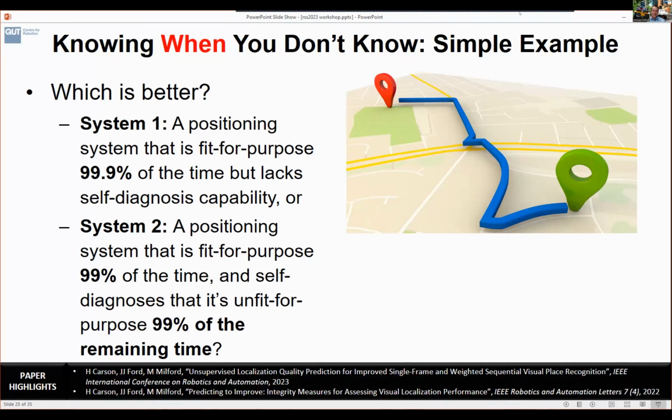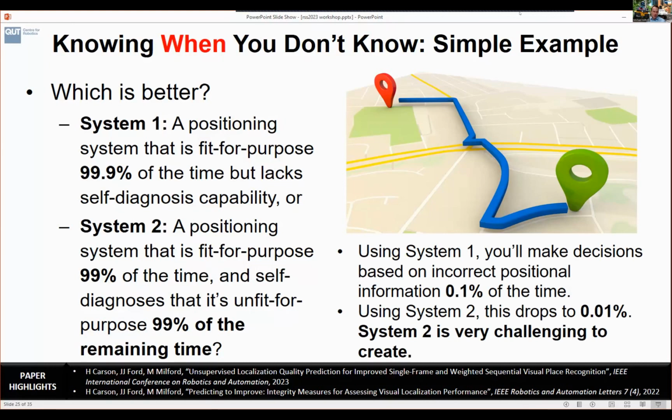When it's not working, it's able to self-diagnose 99% of the time that it is not working. If you're trying to make a choice between these 2 systems in any sort of safety or operationally critical application, System 2 is far superior to System 1, even though this isn't something necessarily that the research community would reward, because using System 2, you are unknowingly working off incorrect positioning information only a very tiny fraction of the time.